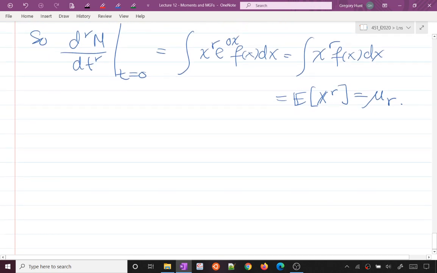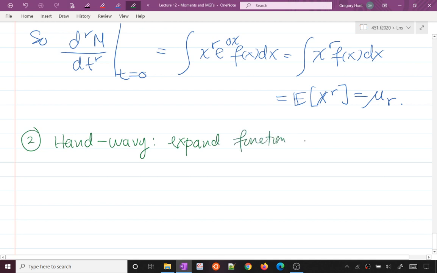And I think there's a second cute way of showing this, and the second cute way is using power series in some way. The hand-wavy way, let's just write this out, is that we can expand a function as a power series.